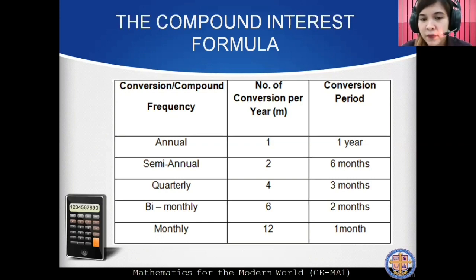Then, bi-monthly, 6 na hati sa isang taon. So, every 2 months. 12 divided by 6, 2. Then, monthly, every month. Meron pa tayong isang term, yung bi-monthly, every 2 months, di ba? 6 na hati. Pag sinabing semi-monthly, ibig sabihin, yung isang buwan, 1 month, hatiin mo sa dalawa.